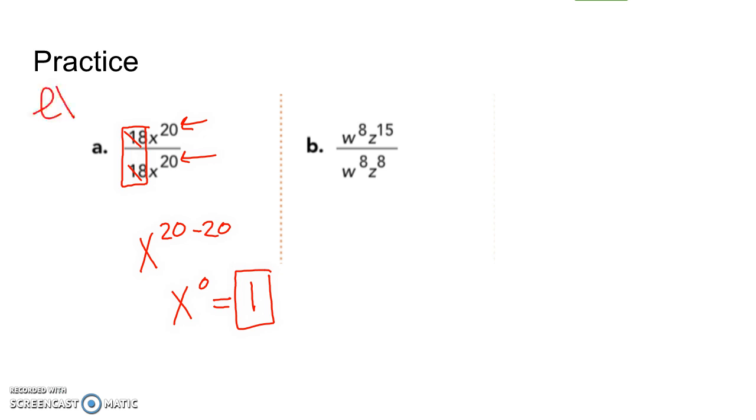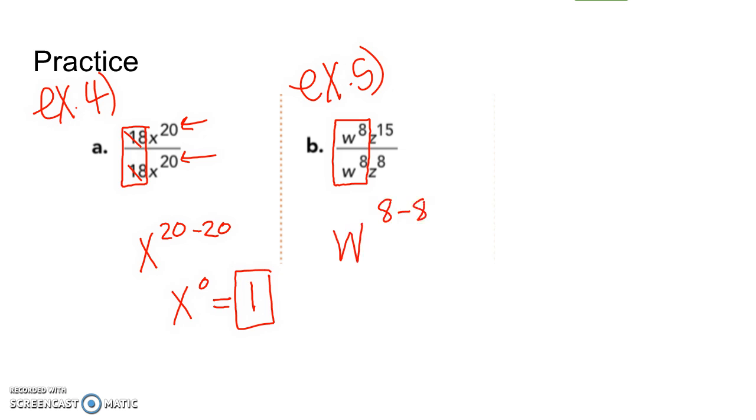Alright, I don't even remember what example we're on. I think this is 4. So then let's call this example 5. Do this with me. Alright, starting with the w's. I'm dividing, so I have to subtract the exponent. So w to the 8 minus 8 power, and then z to the 15 minus 8 power. All right, what is 8 minus 8 going to give me? 0.